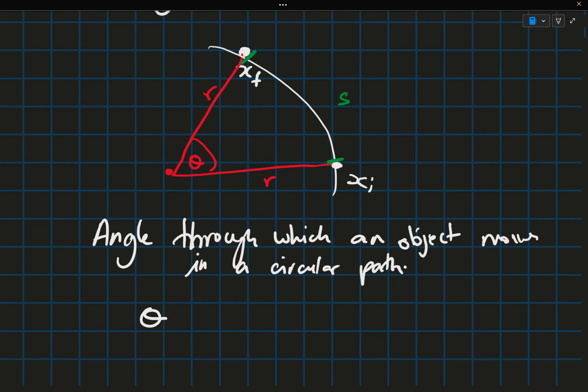An object is moving along a piece of circular path. We're going to try to find the angular displacement based off of the arc length of the circular path and the radius of the circle itself, or the path of the object.